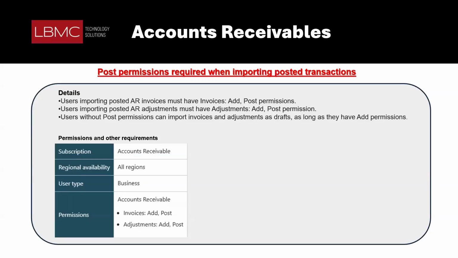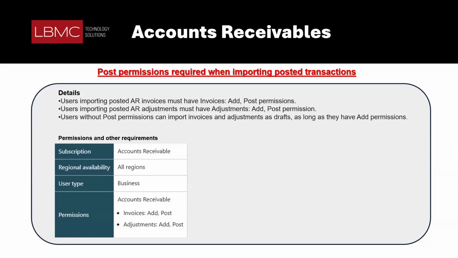Also within accounts receivable, there have been permissions updates when importing posted transactions, and we also saw this within the AP module. When doing any CSV import for AR invoices and AR adjustments, they have updated permissions required for importing posted transactions.